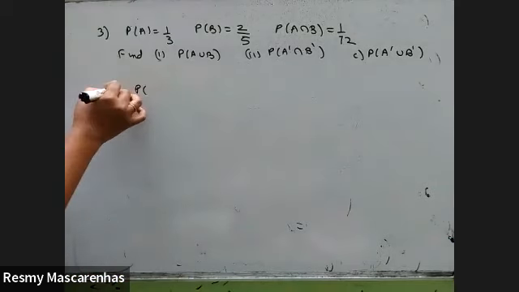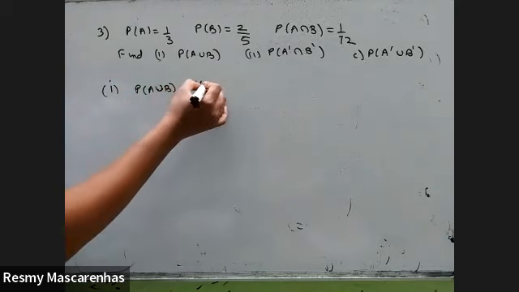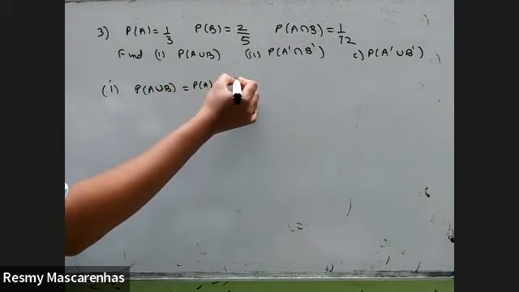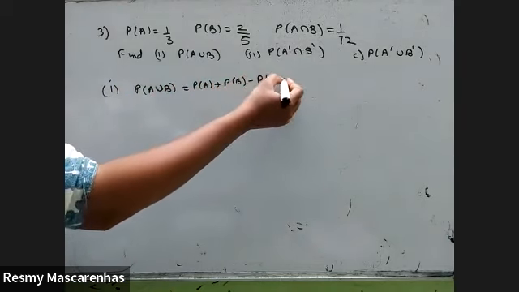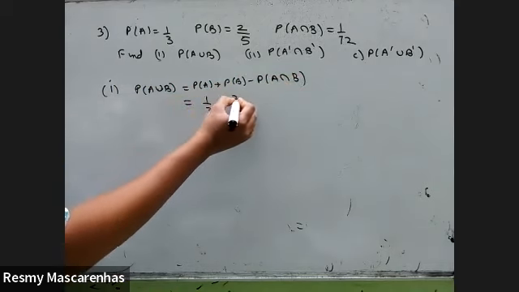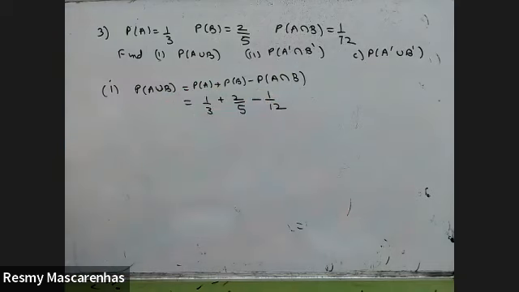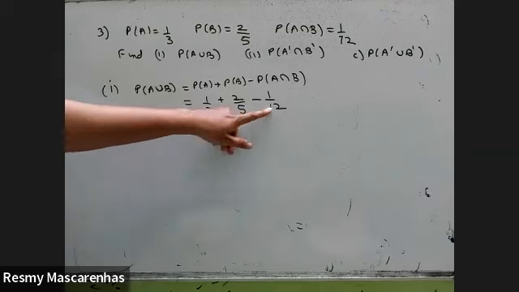The union is P of A plus P of B. This is a direct question. This will be 1 by 3 plus 2 by 5. Here you cannot write 5 in terms of 12.